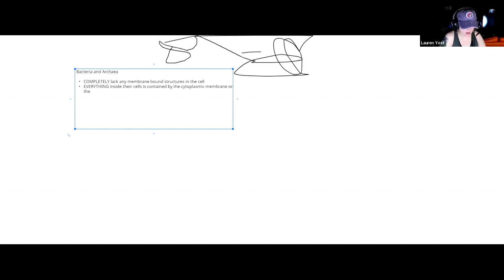So it's located in a region of the cytoplasm called the nucleoid region. That is the area where we can actually find the genetic material of our bacteria. Okay, so cool.